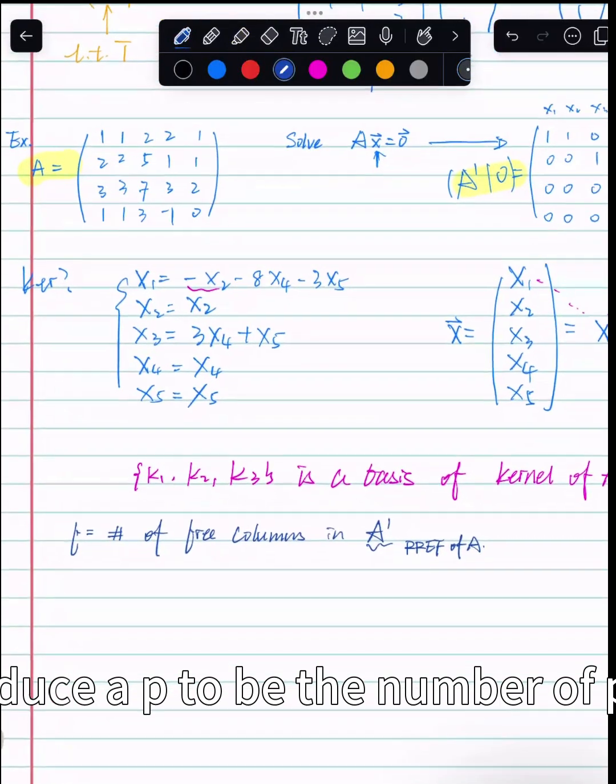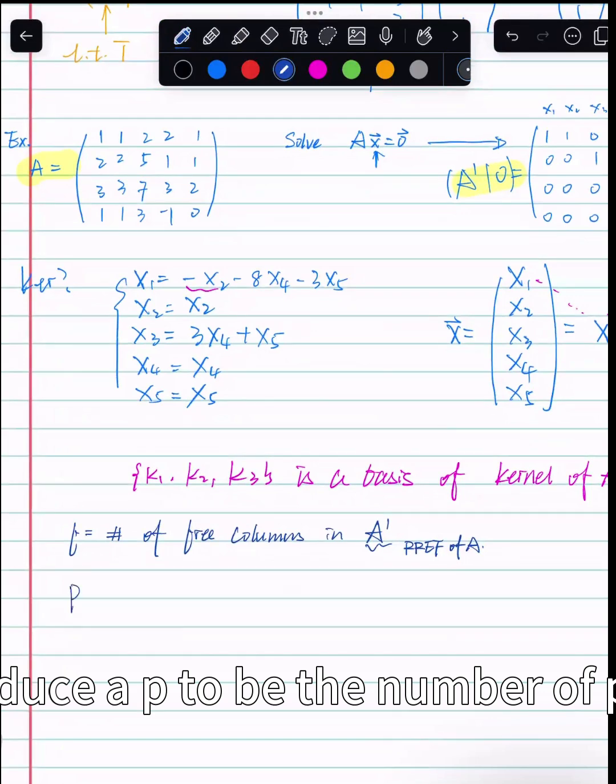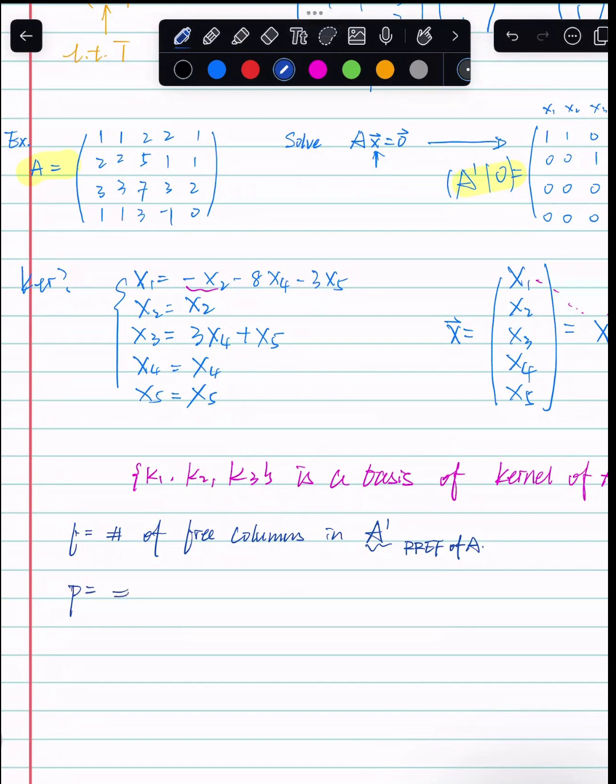And then we introduce p to be the number of pivot columns in A prime.